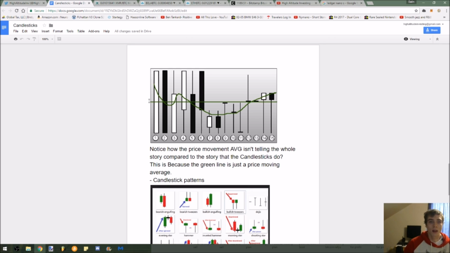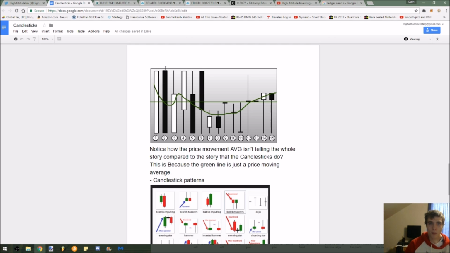Now, this green line is a slow moving average, or an average of the price movement. This is what we used to use. This is the way we used to look at stocks or price movement, just with a line. Well, the Japanese thought of this amazing way to hold a lot more information in a given period of time.